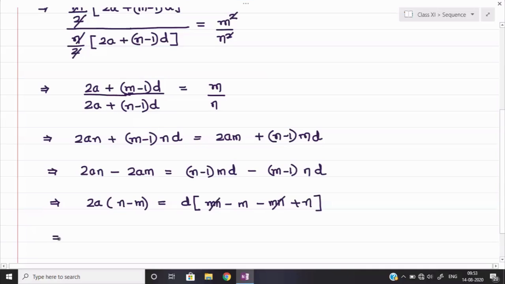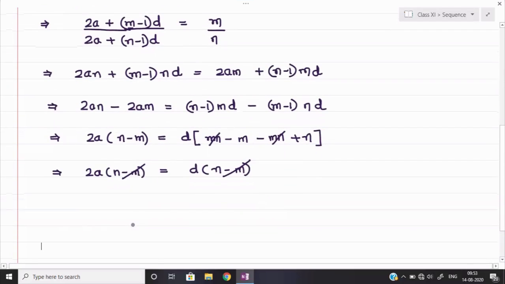So what will remain now? 2a into the bracket n minus m is equal to d into the bracket n minus m. You observe n is positive and m is negative. n minus m and n minus m are also cancelled. So what we got finally here?